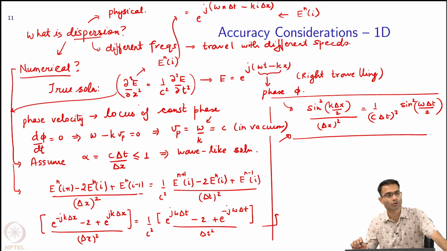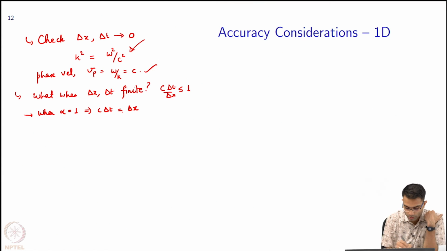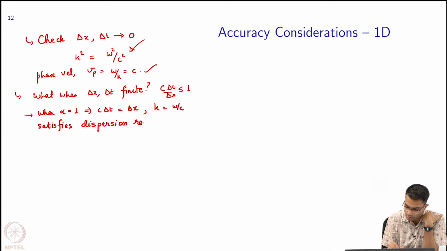If I now substitute omega is equal to ck, is it consistent on both sides? So, that value is a solution to this equation, it is satisfying it. So, k is equal to omega by c satisfies the dispersion relation.